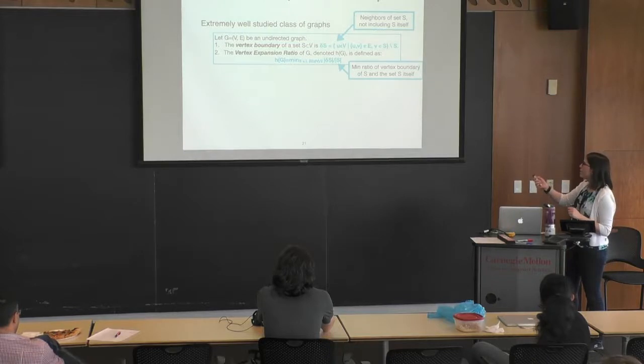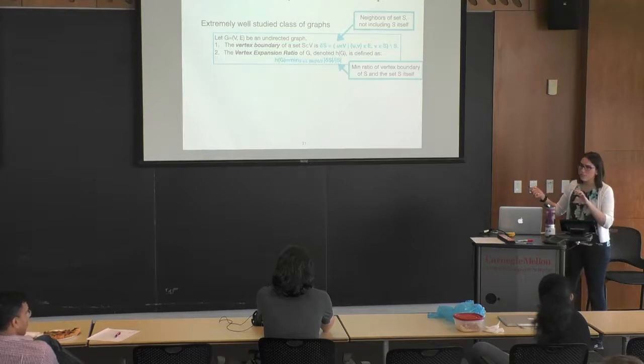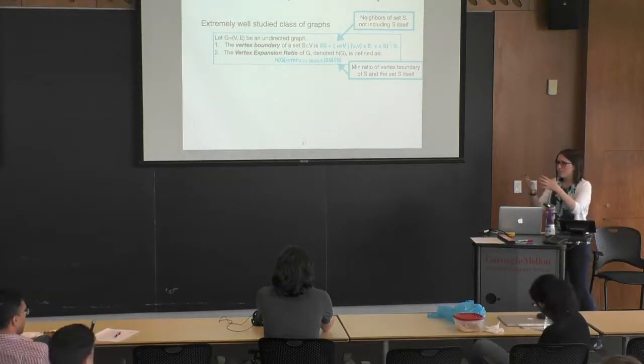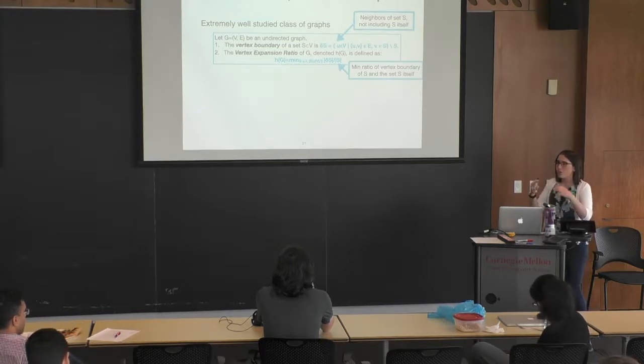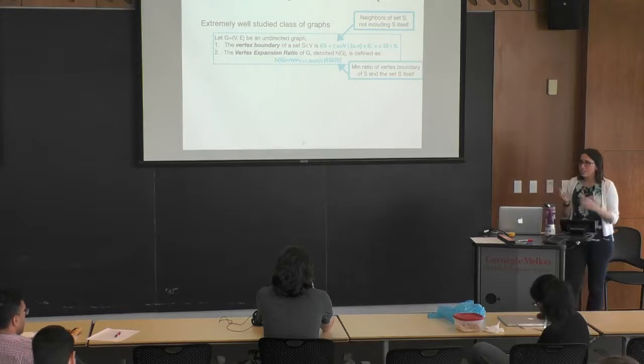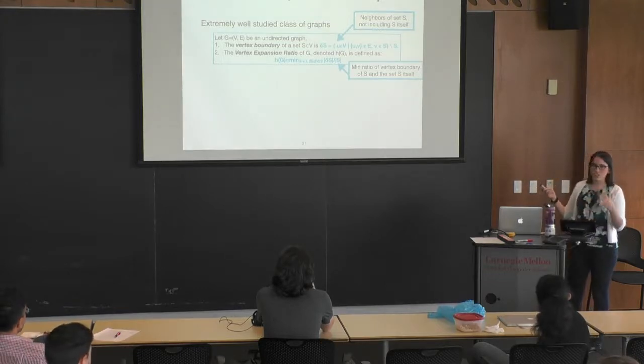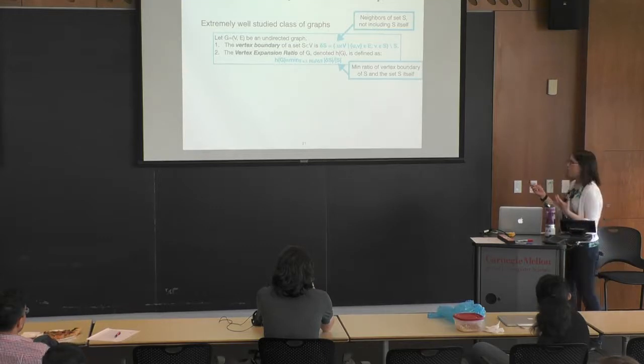In expanders, you bound the size of the sets that you consider by half of the graph, because if you look at larger sets, then your expansion will always be tiny. If you look at the entire graph, there are no neighbors outside of that set, and so it's kind of pointless.